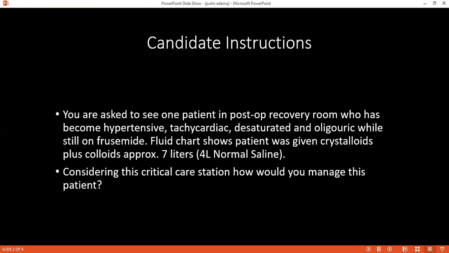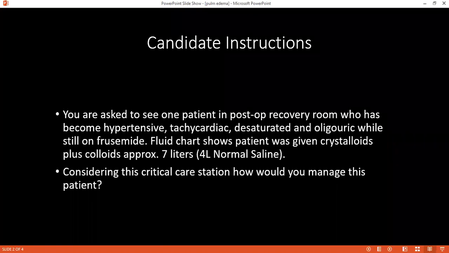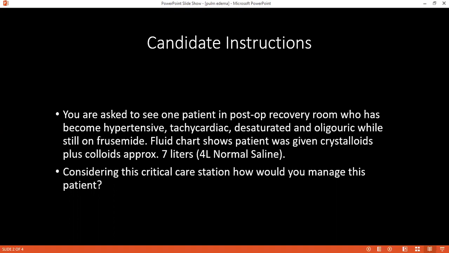Can you please comment on the resuscitation fluid which the patient has been given? As per the given chart, it is shown that crystalloids plus colloids were given at approximately 7 liters, in which normal saline was 4 liters.